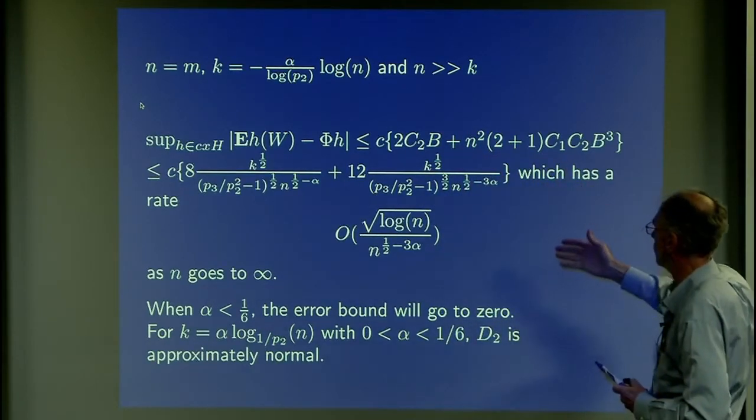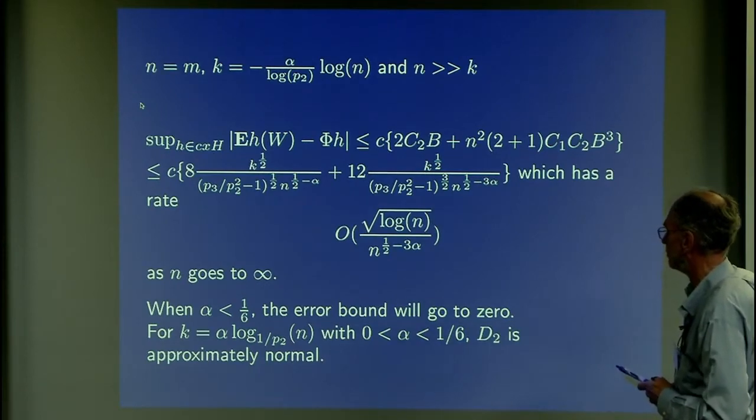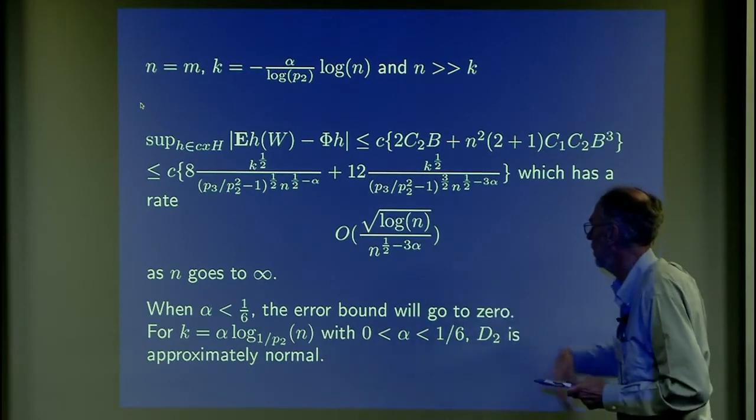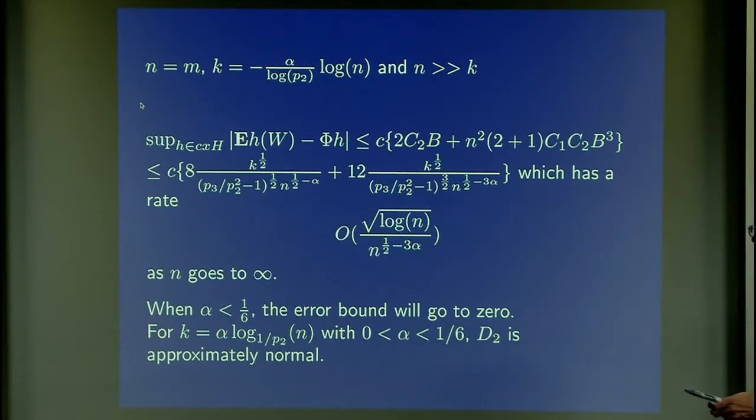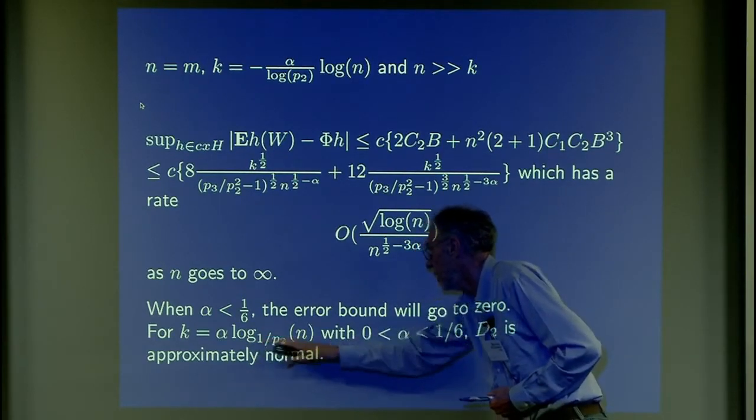Looks great, right? The square root of log n divided by the square root of n. So when alpha is less than a sixth, the error bound goes to 0. You have a normal approximation. So we've got our word size calibrated about right.